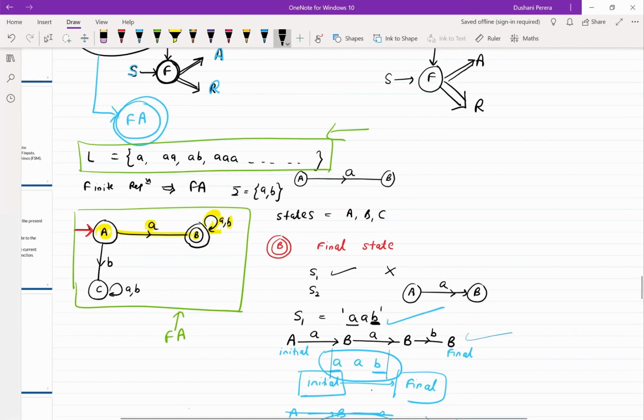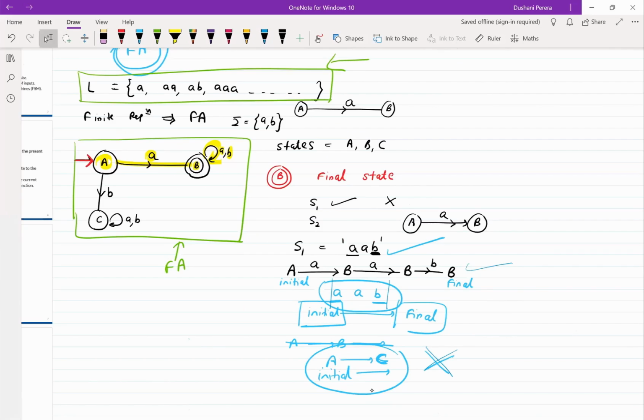We took an example where language L was the set of all strings that start with A. This is infinite. Sigma was {A, B} here.